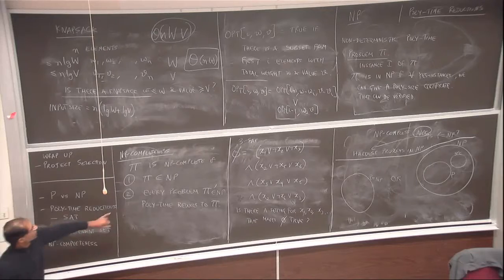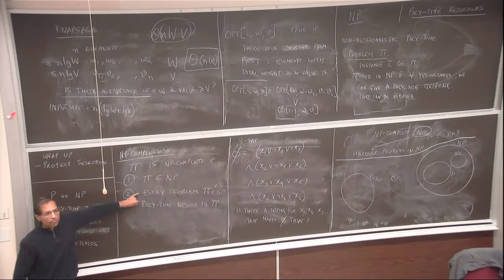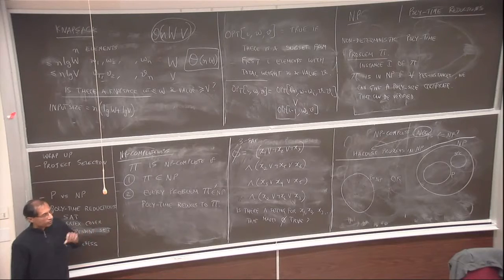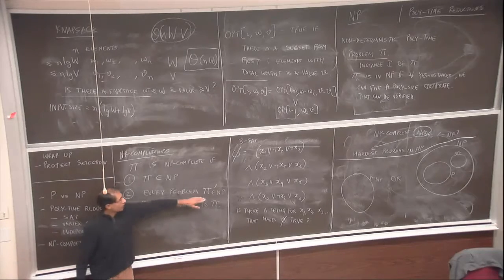So this is a very, very strong condition that every single problem in NP you can reduce to this problem. That means if you can solve Pi, then you can solve every single problem.